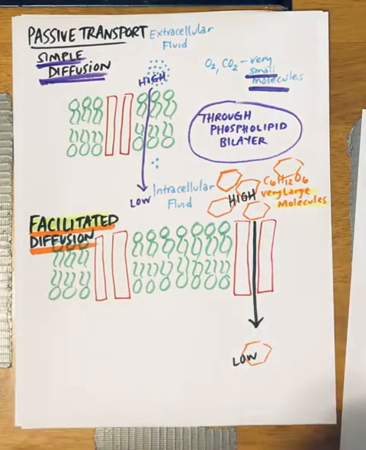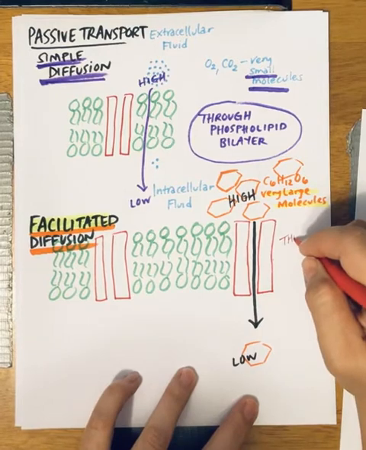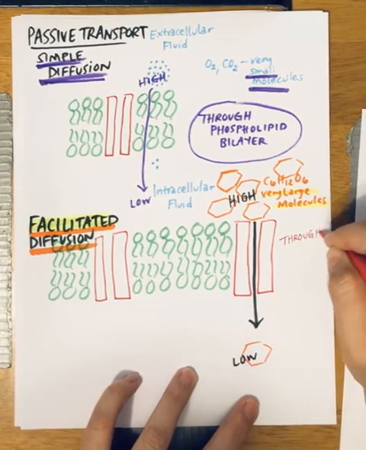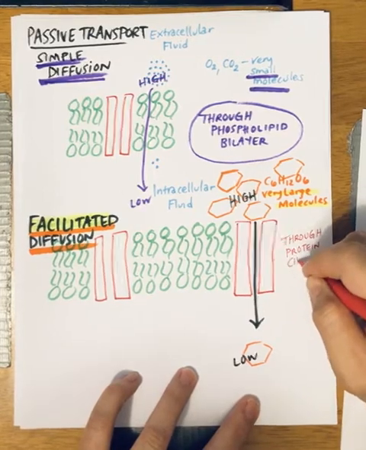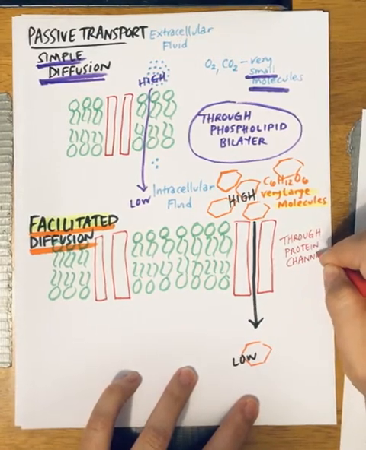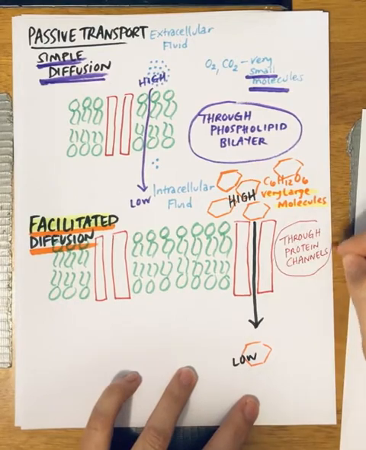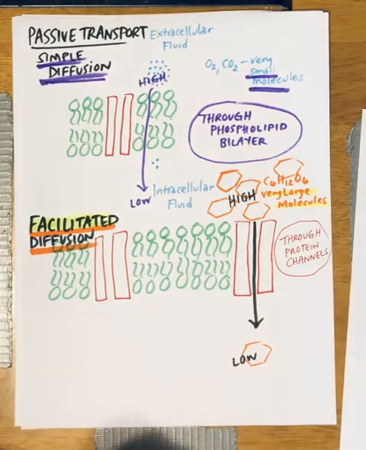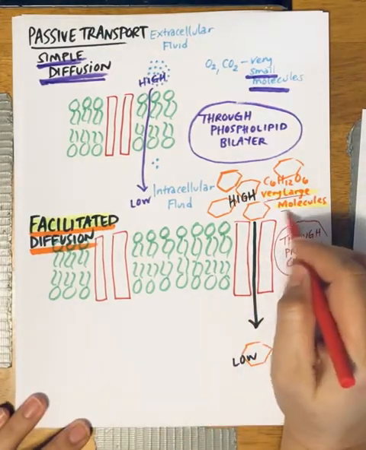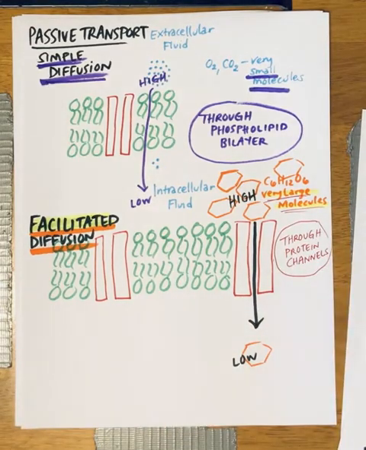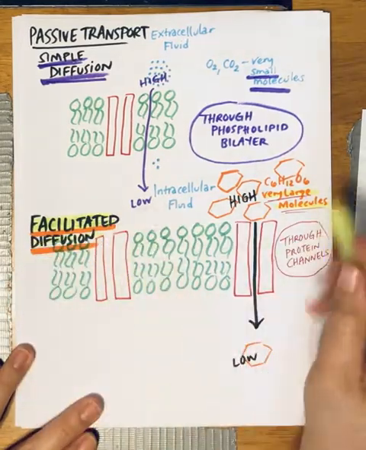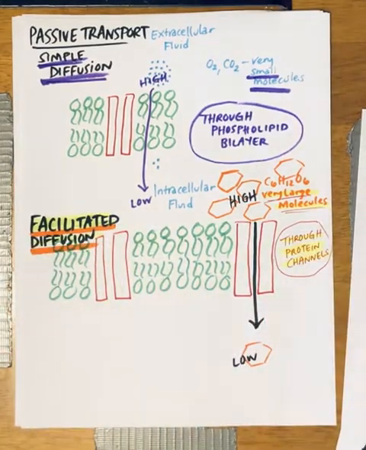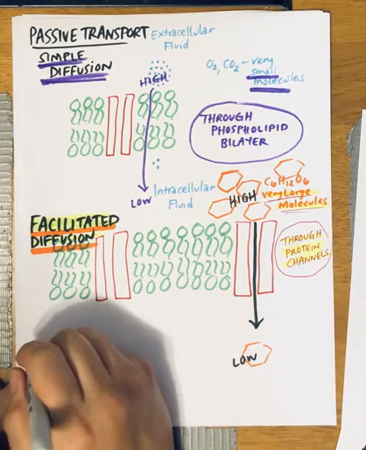However, these are going to go through protein channels. They're too large to pass through the phospholipid bilayer. So the only difference between simple diffusion and facilitated diffusion is the method through which they pass. Now, osmosis is the third type.